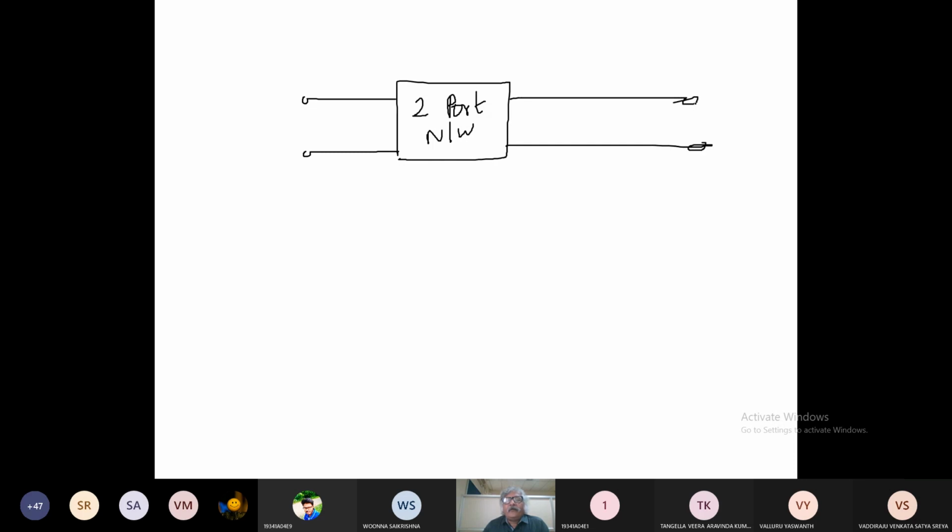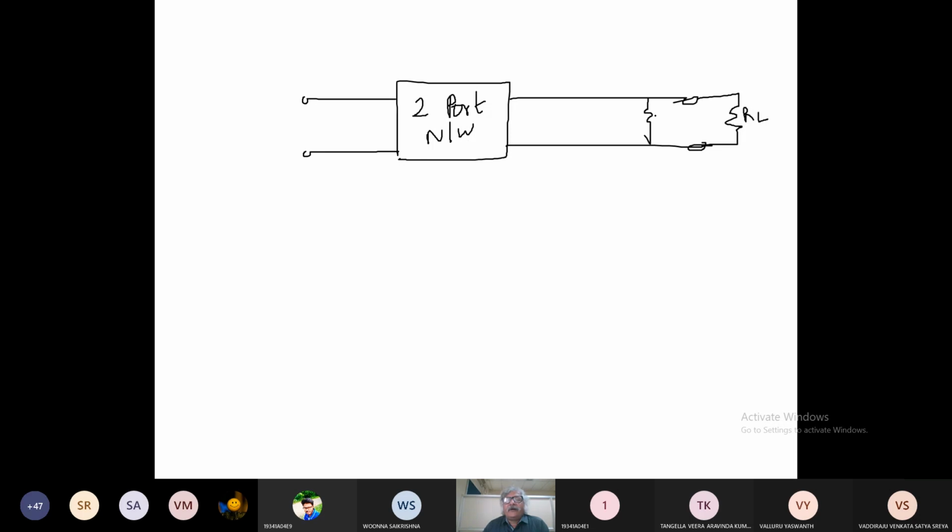Because you just see, suppose this is a two-port network, and suppose here we have connected some load resistor.